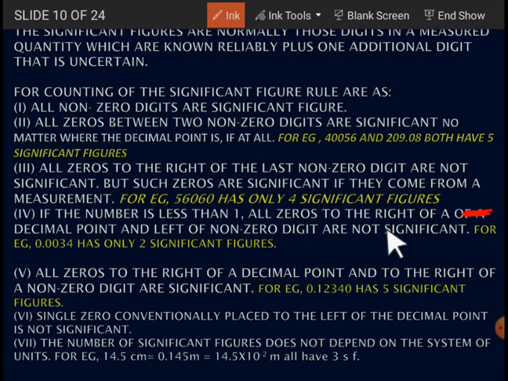So all zeros to the right of a decimal point. Right of a decimal point means from that decimal point you need to take toward the right side, like this.